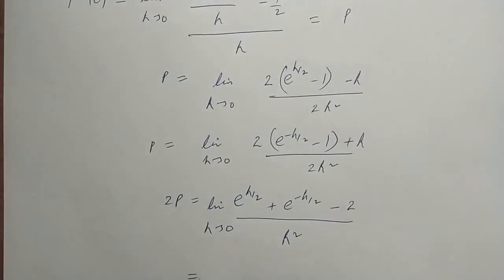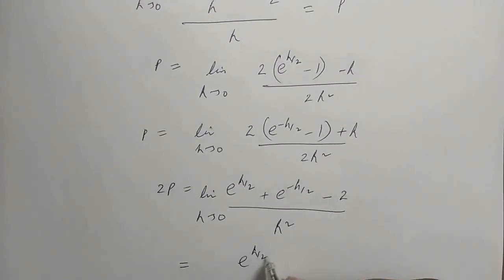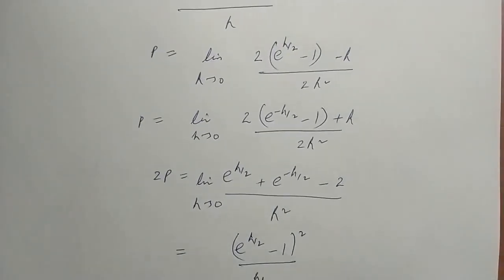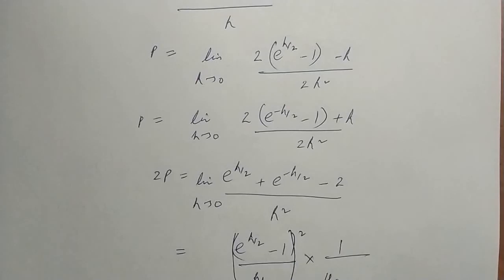Okay, so completing the square, we get (e power h by 4 minus e power minus h by 4) whole square upon h by 2 whole square, into 1 upon 4 e power h.